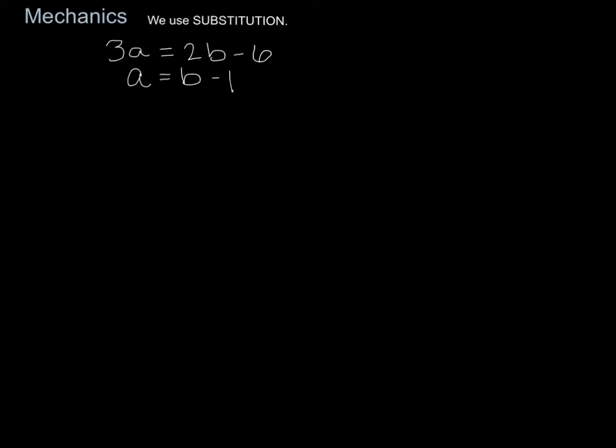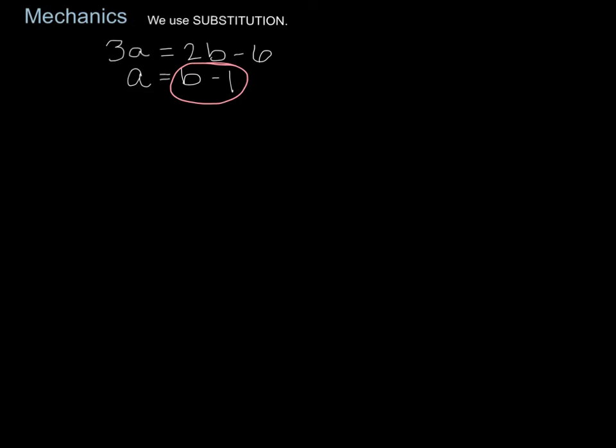All right, so now let's look a little bit closer at how all of this works. So I'm pulling out this example. This system of equations is 3a equals 2b minus 6, and the other equation is a equals b minus 1. This value, b minus 1, is equivalent to the value of a, right? That's what the equal sign means.